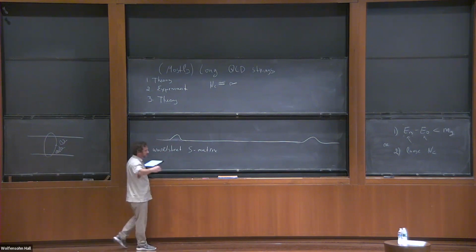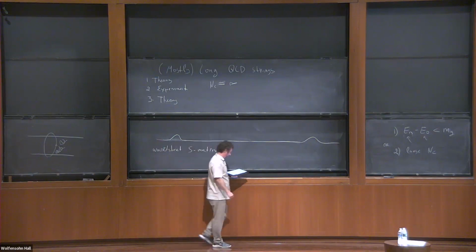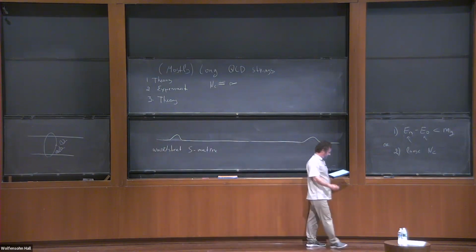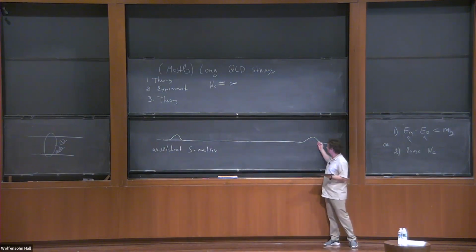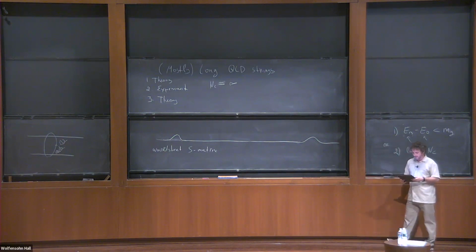Because the string is infinitely long, there is an infinite region, so if we're doing field theory, one of the first and most basic observables to consider is what happens when you scatter these bumps.